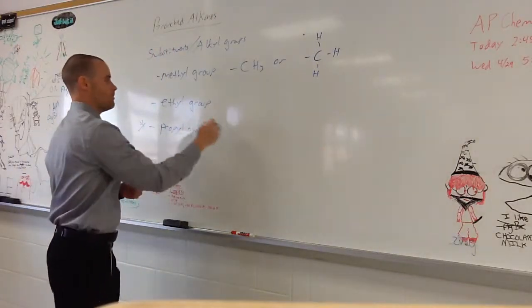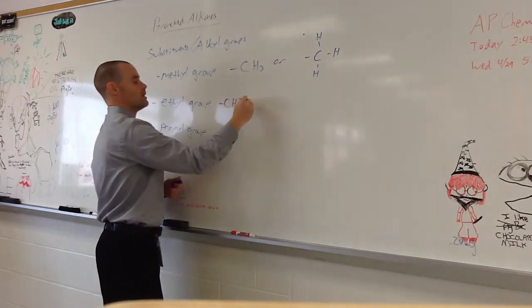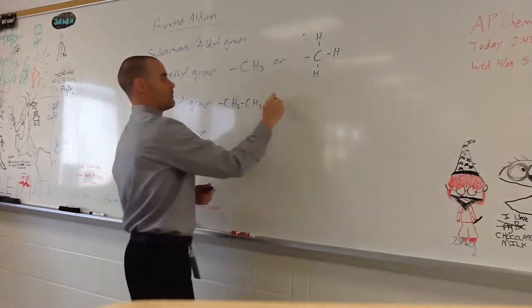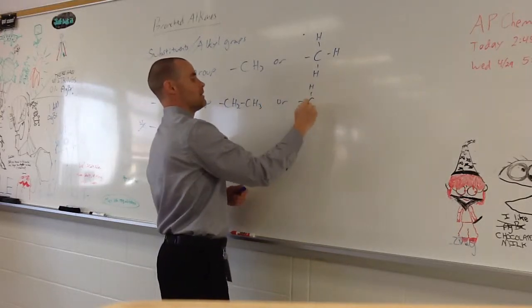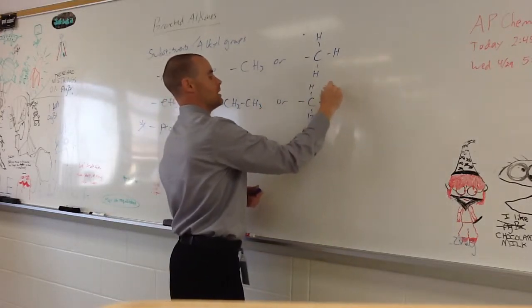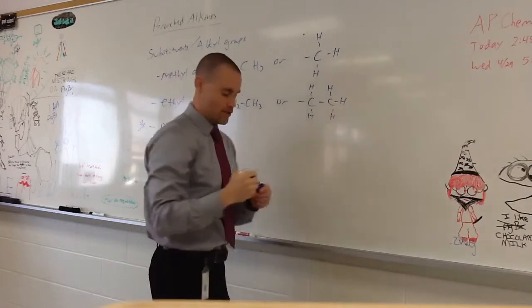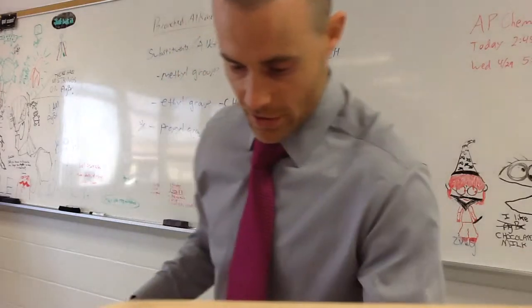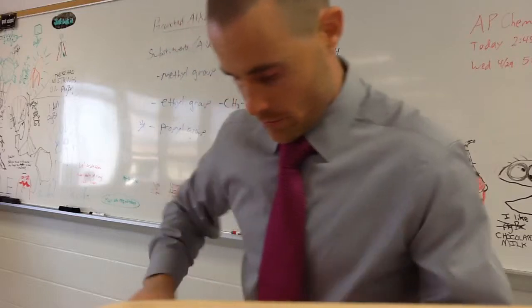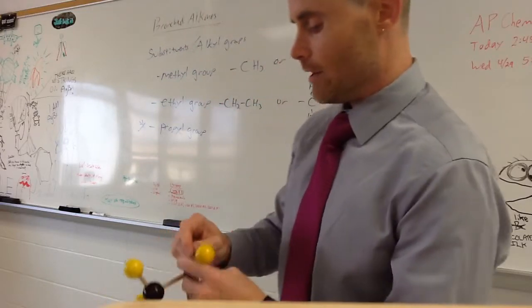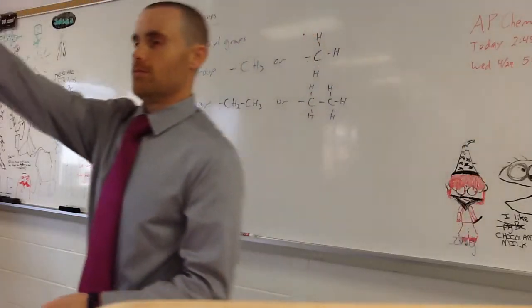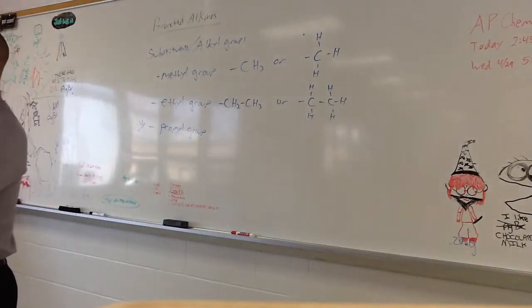An ethyl group is a CH2CH3. Or, if you want to draw the bonds, it's CH2 bonded to a CH3. And that CH2 is not complete. Here's an ethyl group. See how that stick is there without anything on it?